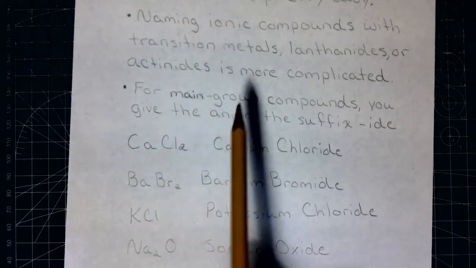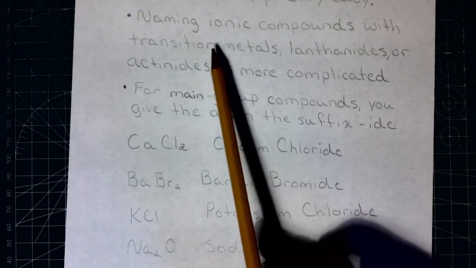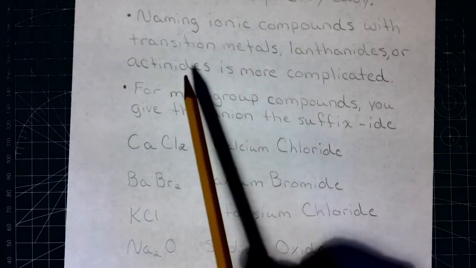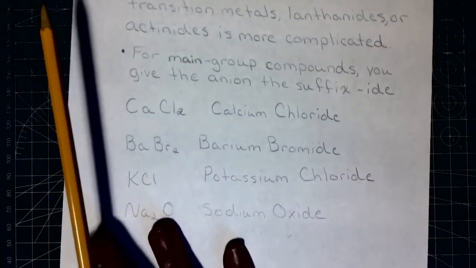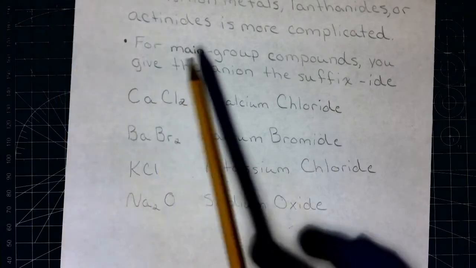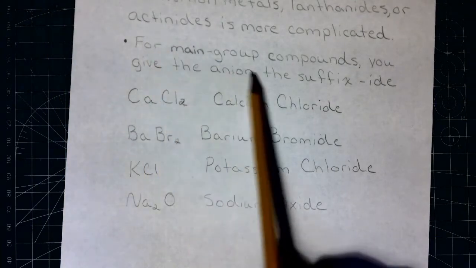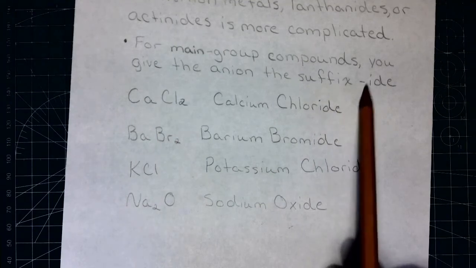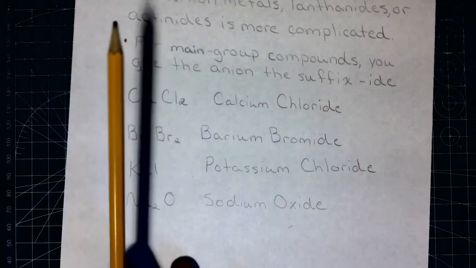And the reason it's more complicated is because, as we talked before, the transition metals, lanthanides, and actinides, they can have different oxidation states. So the rules for the main group compounds, you give the anion the suffix "ide," and that's pretty much it.